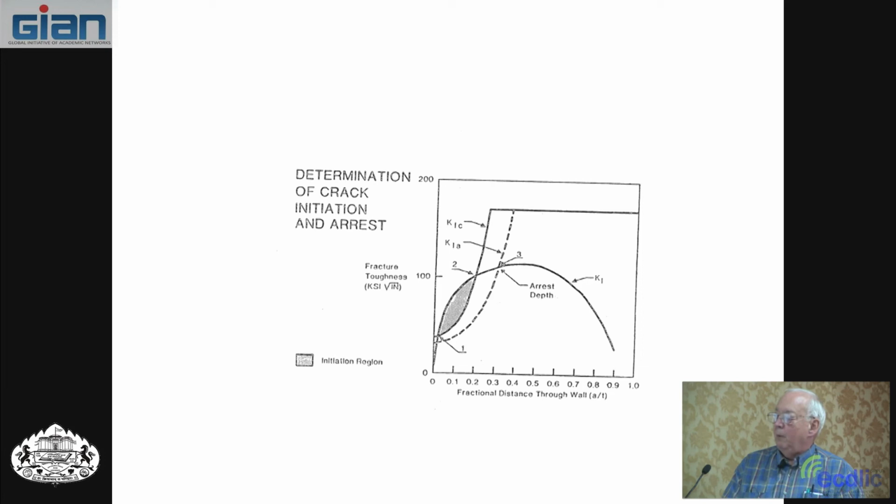Now, one of the problems is that there are experimentalists and there are analysts, and the analysts did this and said everything's okay. The experimentalists said, oh, we don't believe it. You know, prove it to us. So they actually did a big set of tests on what they call test vessels, but the test vessels were pretty big things.